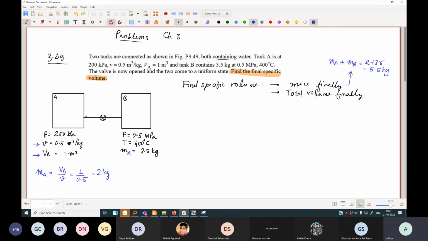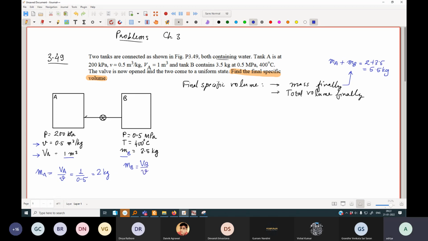Now what about the total volume? The volume of tank A is directly given as 1 meter cube. What about tank B? I must know the total volume of tank B. I only have the mass. So in order to find the total volume, you can simply write MB is equal to VB over small v.